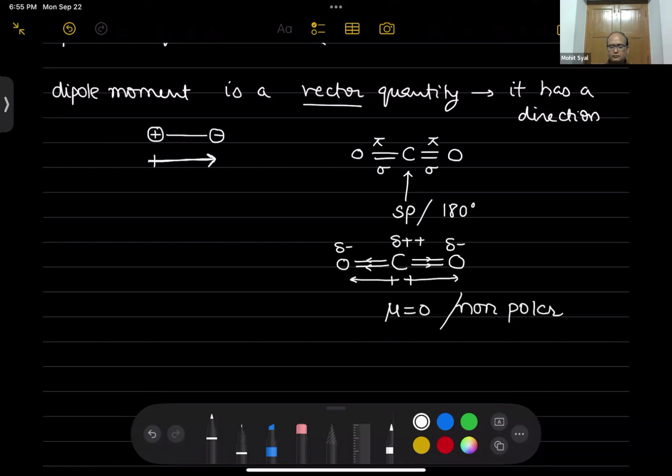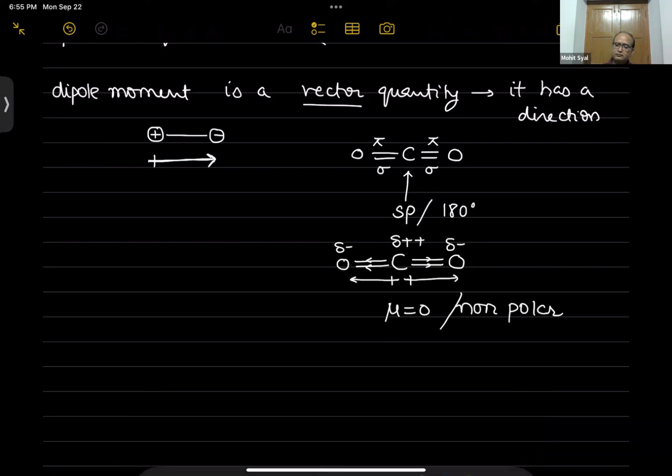Vectors: positive and negative are opposite, so they will cancel. They cancelled each other because they were of equal magnitude. Is this clear or not? So non-polar.